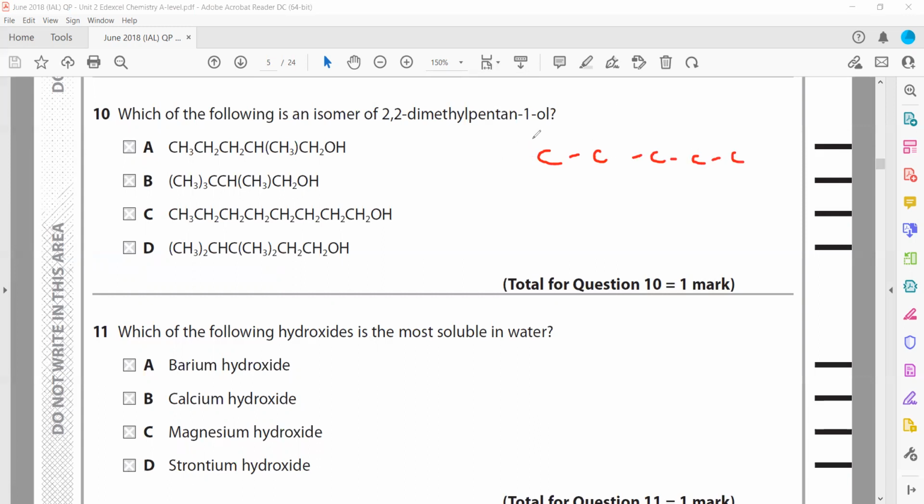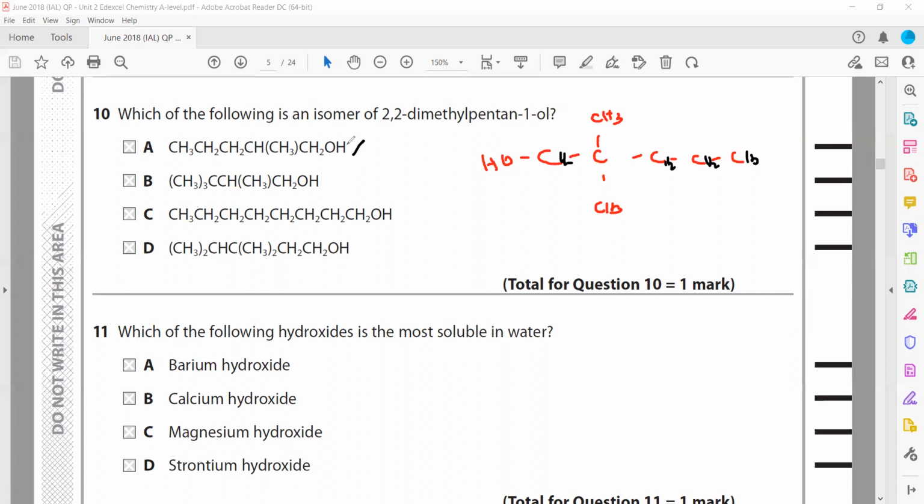And 1-ol means the OH group is attached at the first position, and dimethyl means two methyl groups are attached. So this will be CH2, this will be CH2, this will be CH2, and this will be CH3. When we draw the structure, how many carbons should be there? 1, 2, 3, 4, 5, 6, and 7 carbons should be there.